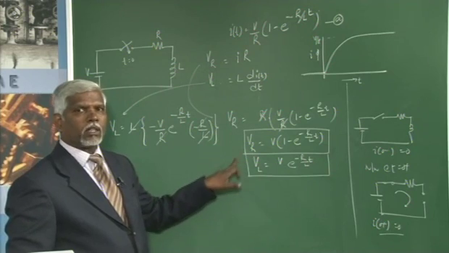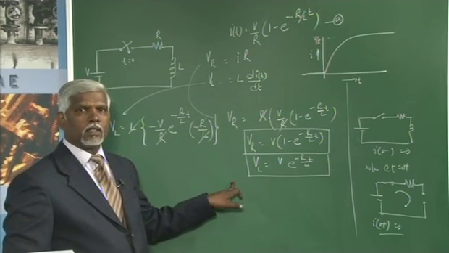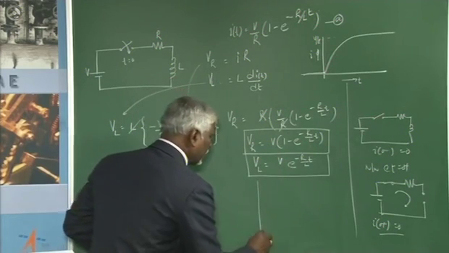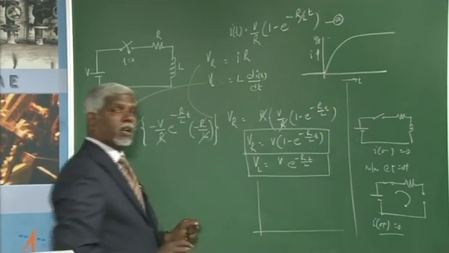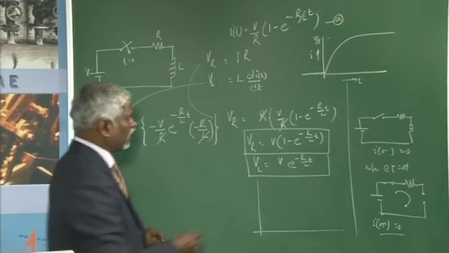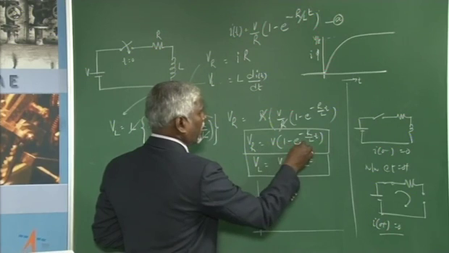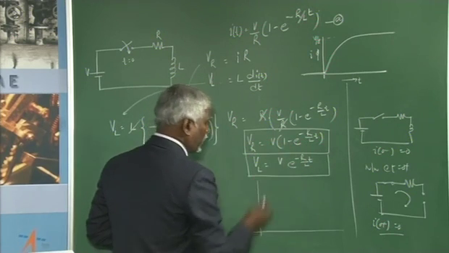If you just try to plot these two voltages as time varies, let us see how it looks. We get a very important information from this. Voltage across the resistor when t equal to 0, 1 minus 1 is 0. So, it starts at 0.